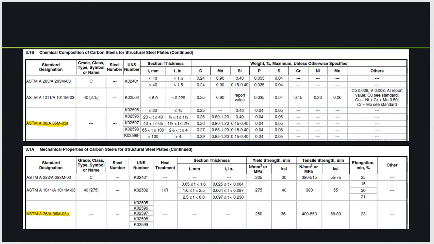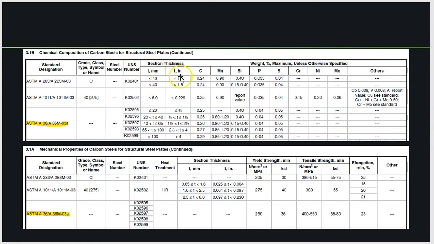Here are a couple of snippets right out of their code book. So I flipped all the way till I got to A36, and I've got them both highlighted because there are two charts here. One is going to tell us the chemical composition of the carbon steel for structural steel plates.